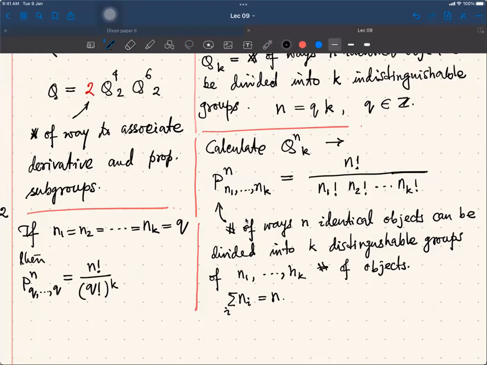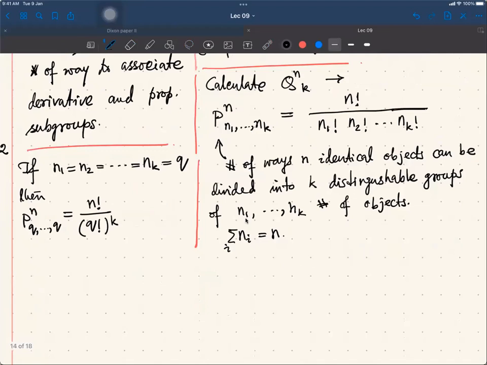Since all the individual numbers n1, n2 up to nk are the same, only then can you have the option of making the subgroups indistinguishable. So this is the result for distinguishable subgroups, each having an equal number of elements, which is q.